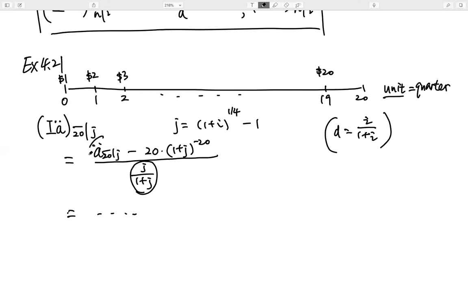That is because your calculator has a built-in function to compute the present value of annuity due. Once you know this, the rest should be straightforward, right? Once you know present value, future value is rather obvious. So I guess that is the end of chapter 4. In general, chapter 4 continues what we started before.